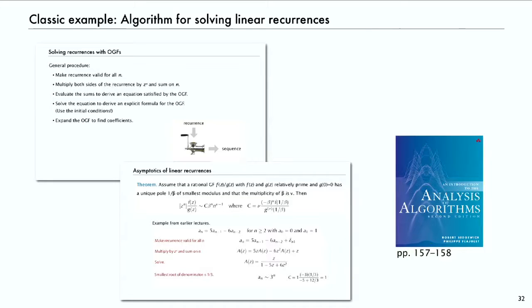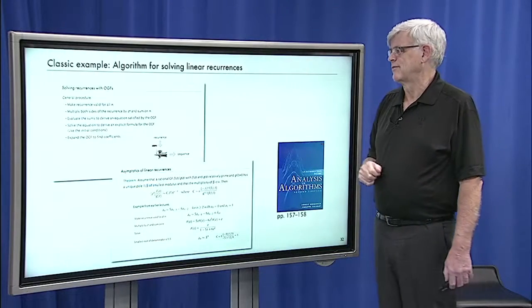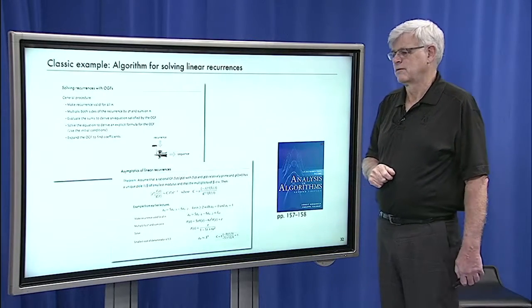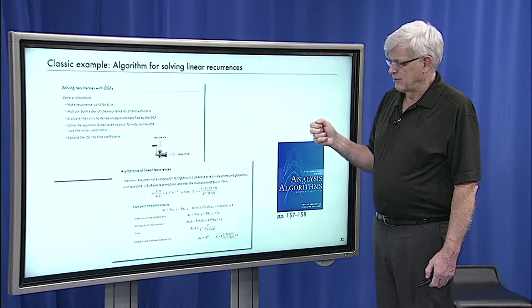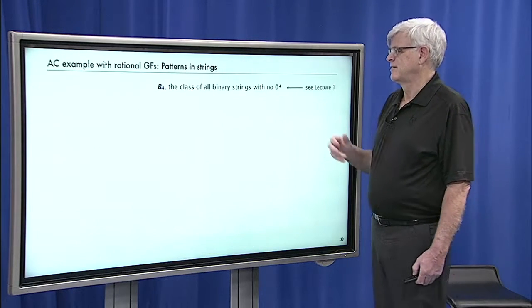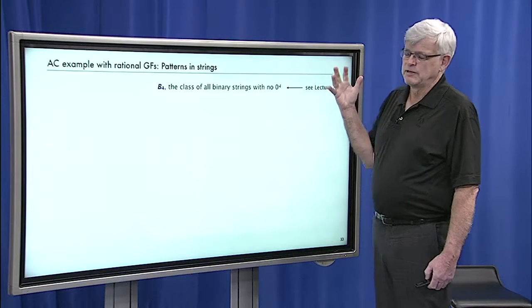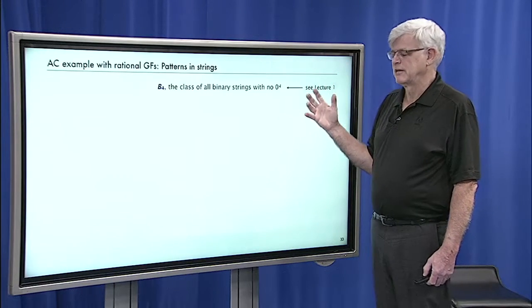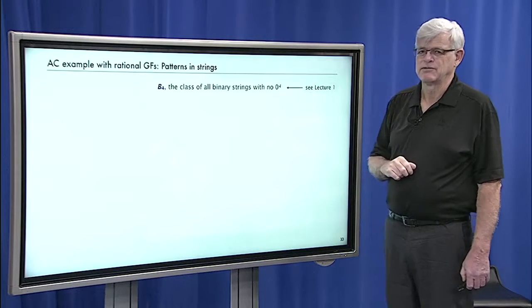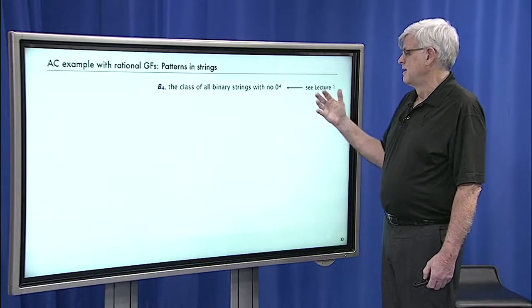And again, computer algebra systems nowadays, it's just the same problem in a different form, will solve linear recurrences for us. But what I want to focus on is analytic combinatorics, where we want to use that transfer theorem to get us asymptotic results immediately.